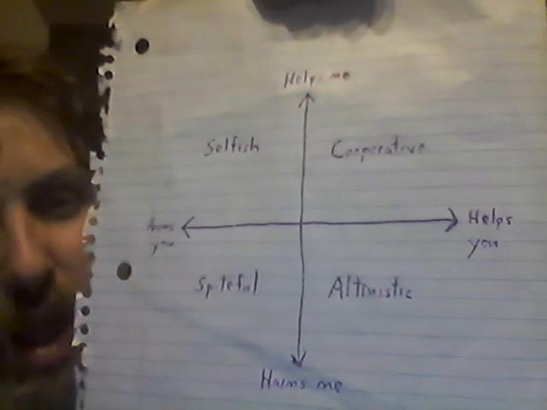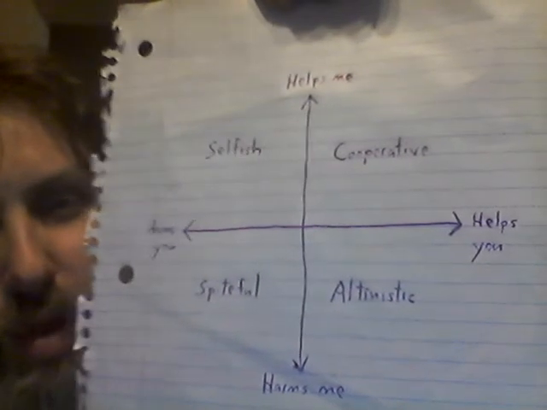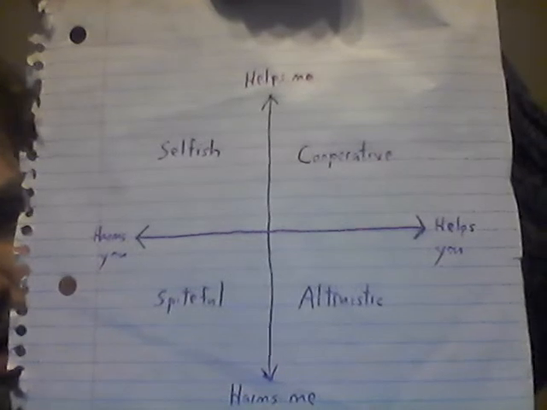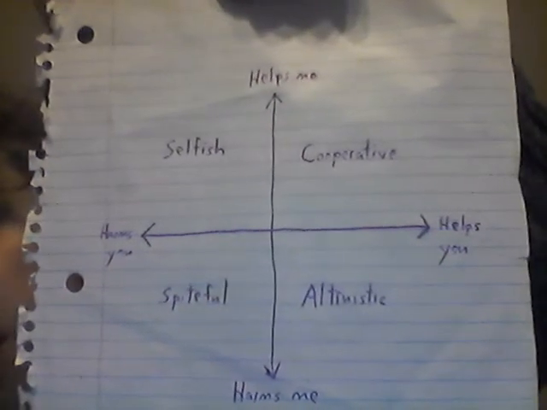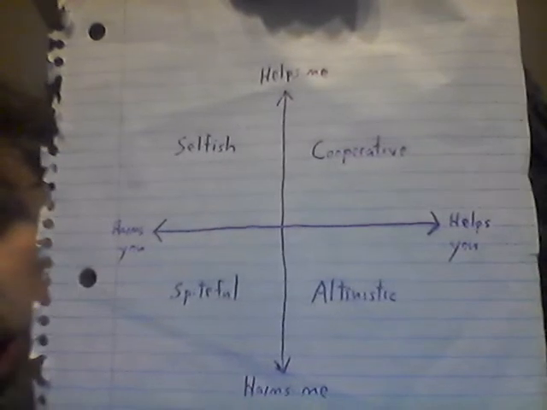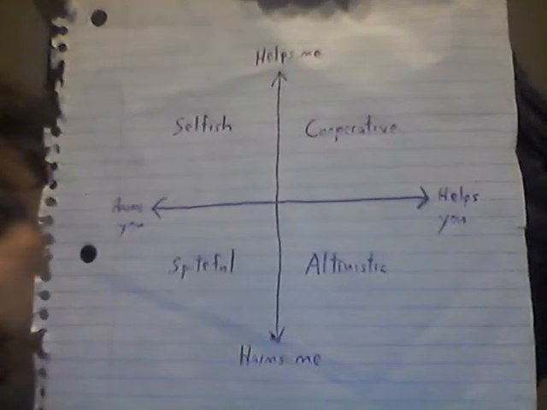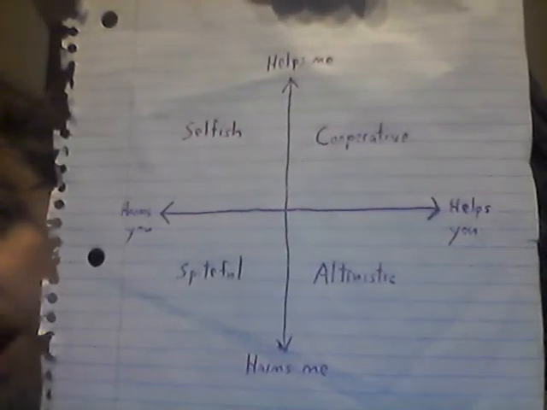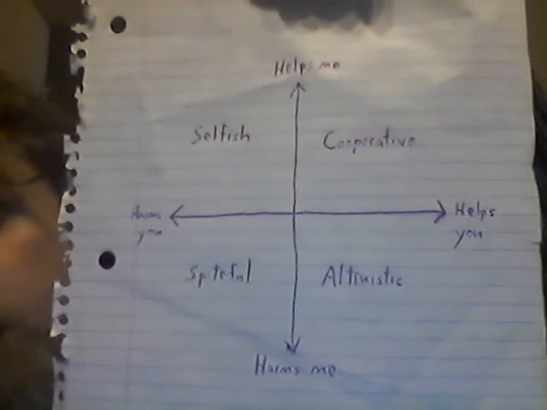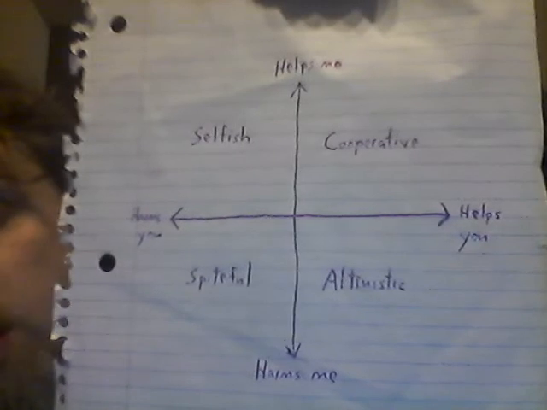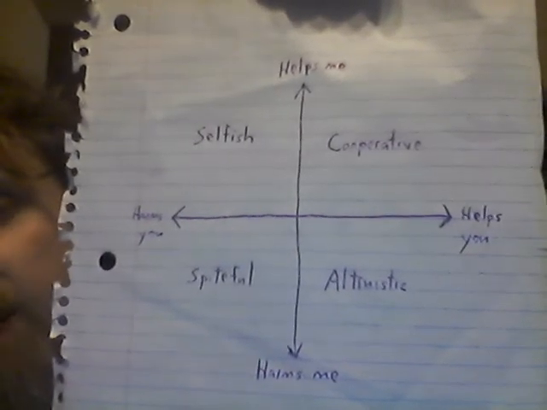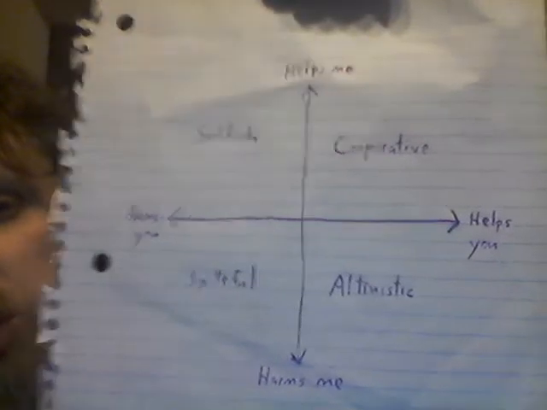All right. But you can see the basic architecture of this, right? Even if the words are backwards, the higher up we go on the y-axis, the more helpful the behavior is to me. The lower we go on the y-axis, the more harmful the behavior is to me. Likewise, on the x-axis, the further right we go, the more the behavior is helpful to you. The more on the x-axis we go to the left, the more the behavior is harmful to you.